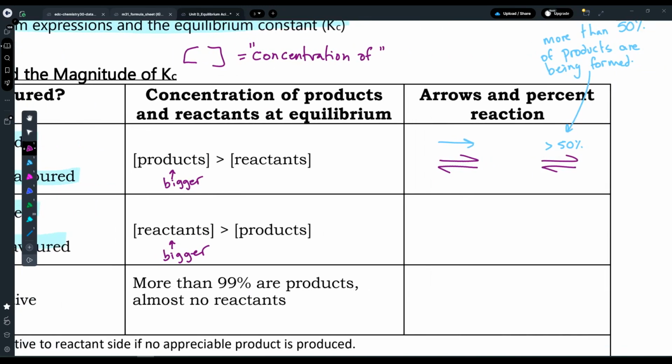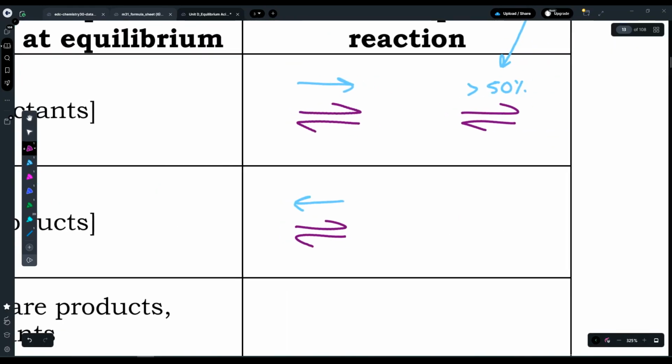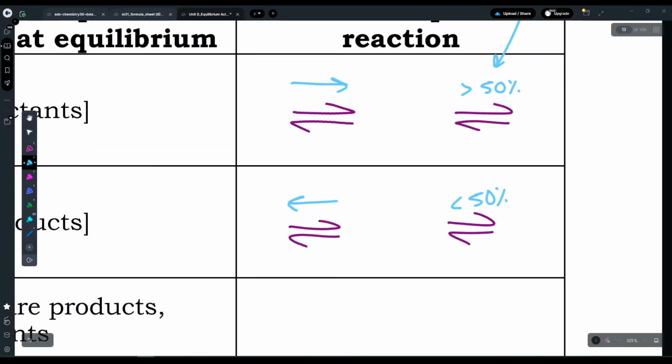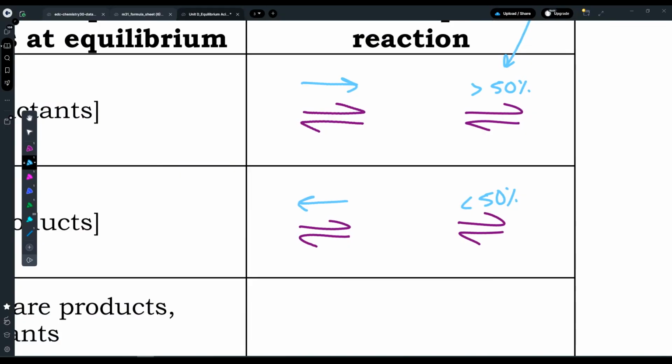How we would communicate this with arrows is we'd write our equilibrium arrows and then a backwards arrow to show that the reverse reaction is favored. But again, the more common way to see this communicated would be to say that less than 50% of your products are being formed, which tells you that the reactants are favored.